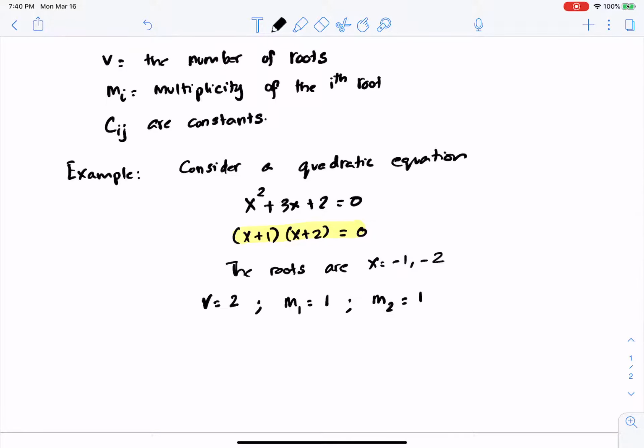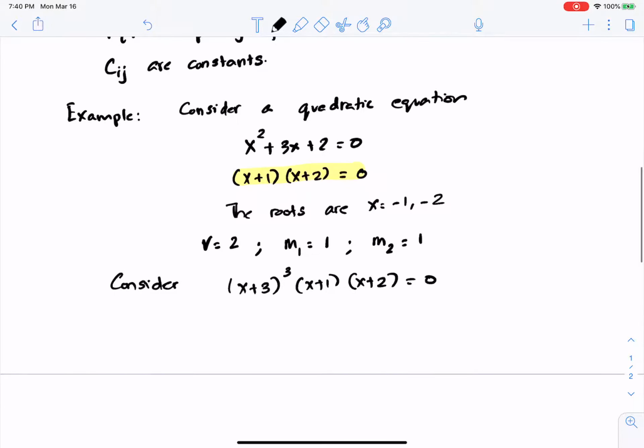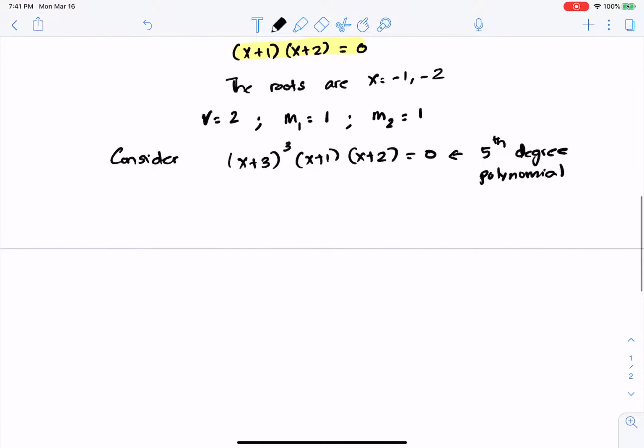So taking this one step further, let's consider as an example (x plus 3) cubed times (x plus 1) times (x plus 2) equals 0. This is a fifth degree polynomial. Does it have roots?